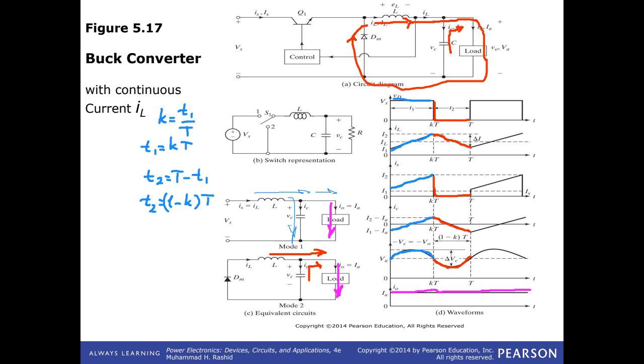That is time T2. That means 1 minus K times T. So when the control switch is off, the system supplies energy stored in the inductance and stored in the capacitor, the red lines, red color.